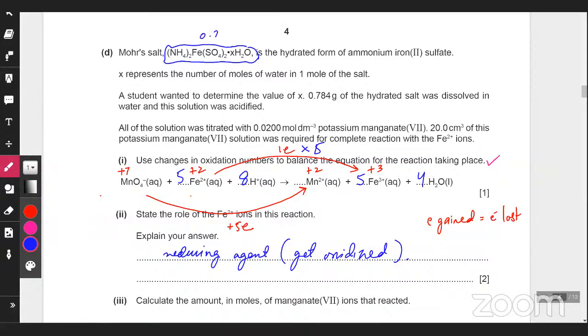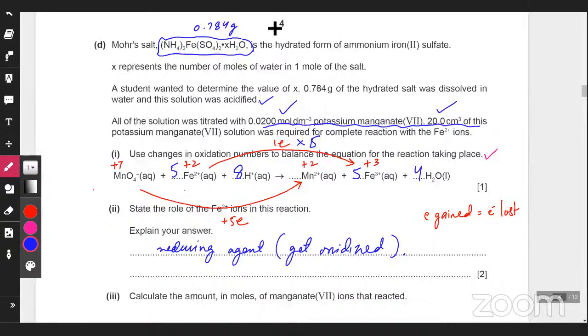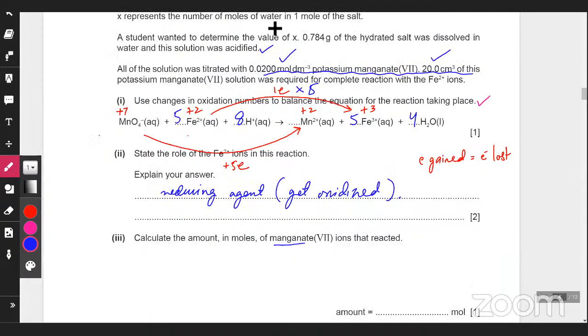So you're using 0.784 grams of this, and he turned it into a solution. All of the solution was titrated with potassium manganate, and you can figure out the moles of potassium manganate, because the volume is given and the concentration is also provided. So they are asking for the moles of manganate 7. Concentration is given, it's 0.02 mole per dm cube.